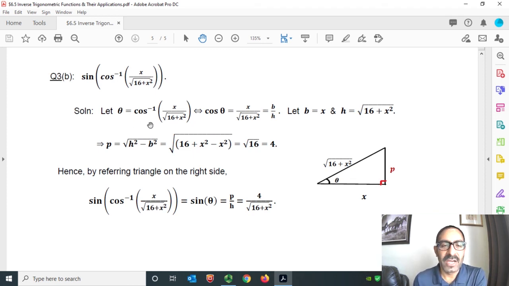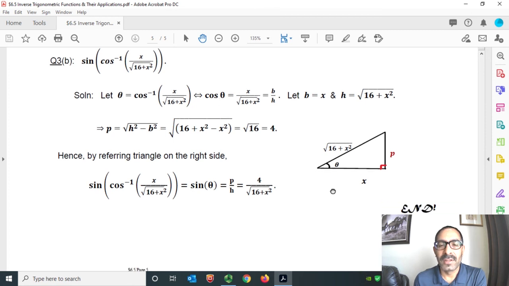Then multiply both sides by the cosine function. Then cosine theta equals x over the radical of 16 plus x squared. And we know in this right triangle, the cosine function is the ratio of base over hypotenuse. So here b over h.